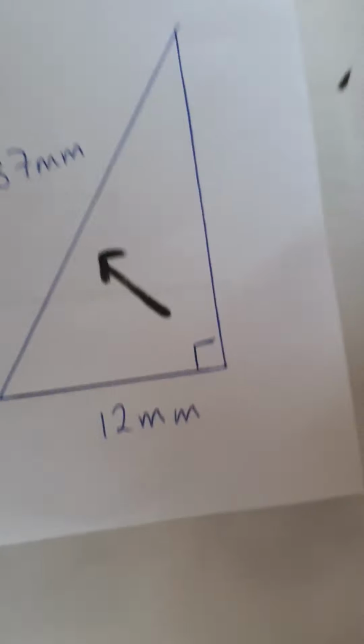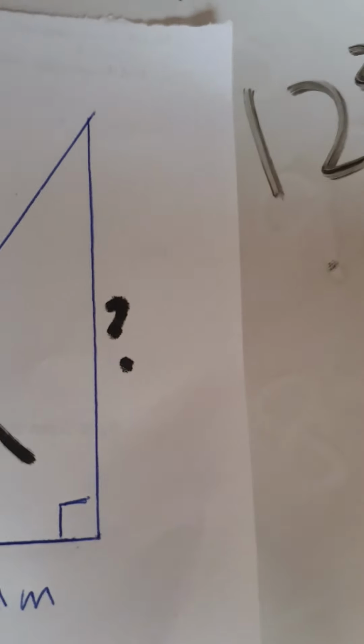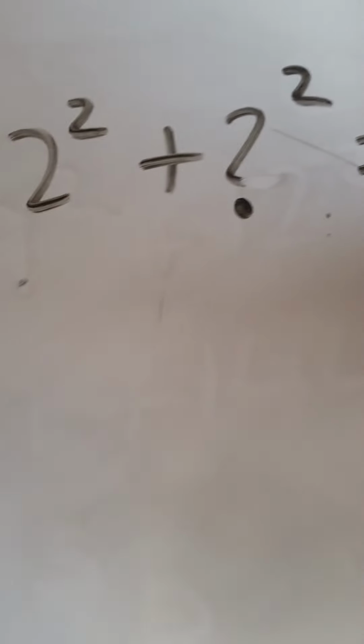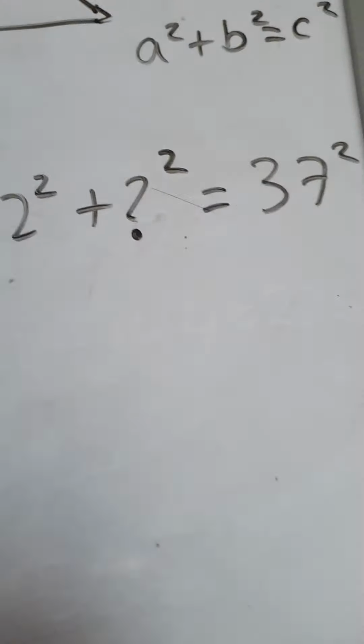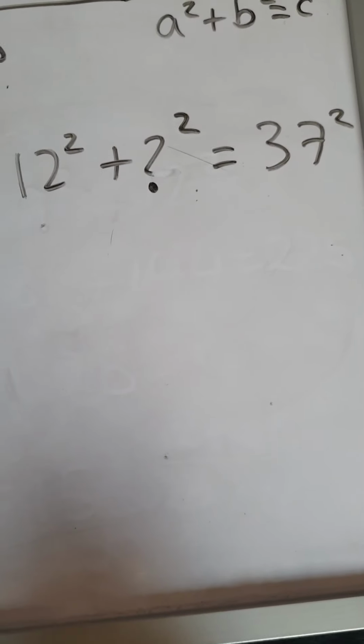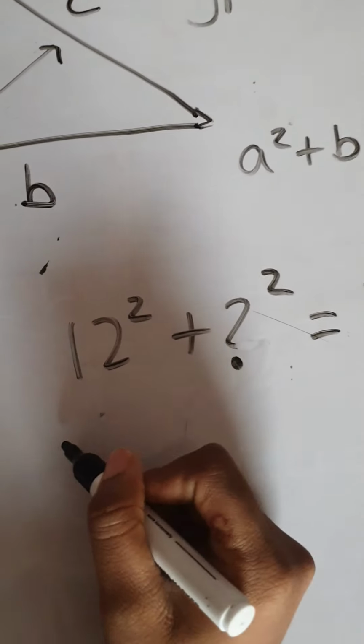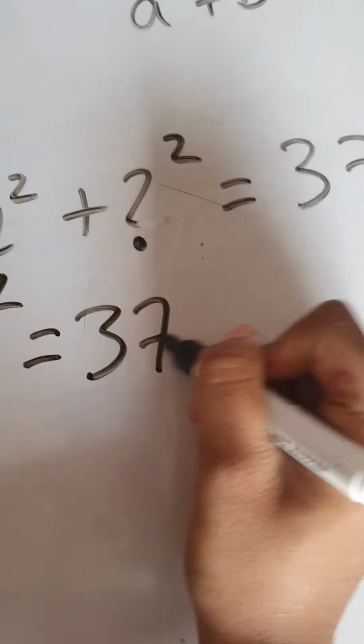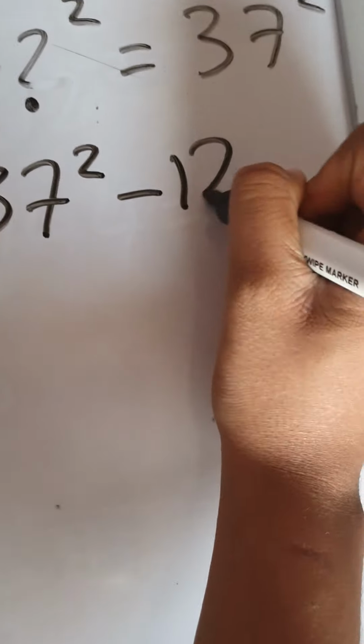It's going to be 12 squared plus my unknown squared equals 37 squared. I'm going to have to rearrange that. So I can do my unknown squared equals 37 squared minus 12 squared.